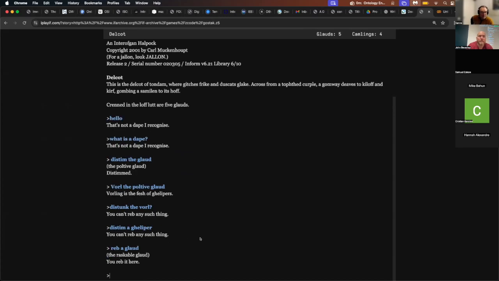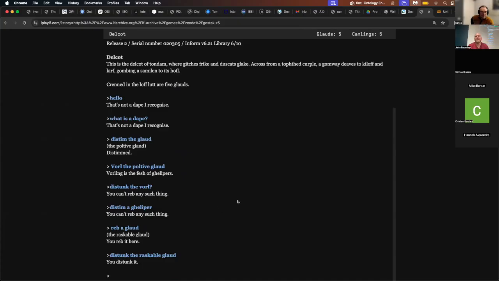The rascable cloud. Okay, so there's a rascable cloud. I just rebbed it. I assume I can disdunk the rascable cloud. I disdunked it. And now I have 5 camlings and 5 clouds.